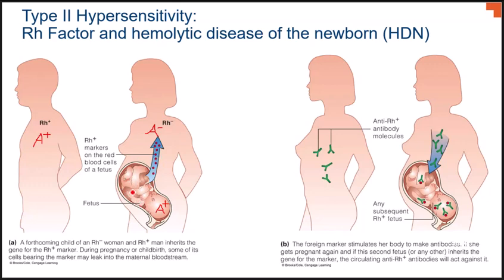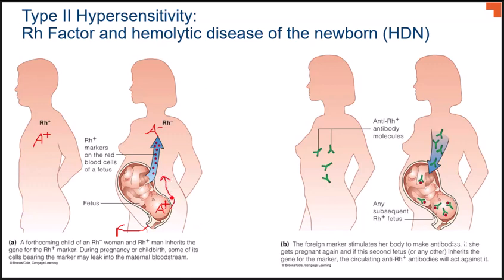So overall, there is no issue. But once the mom delivers the baby, there's going to be the exchange of blood, and this positive antigen on the baby's red blood cell is now going to enter the mom.